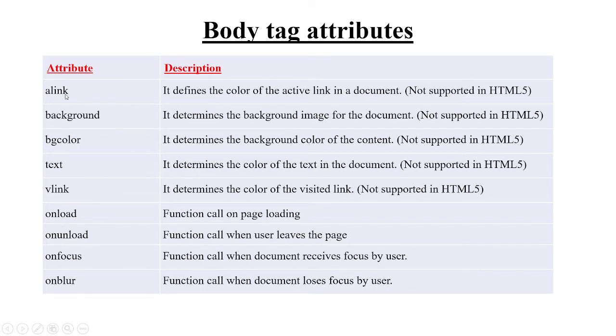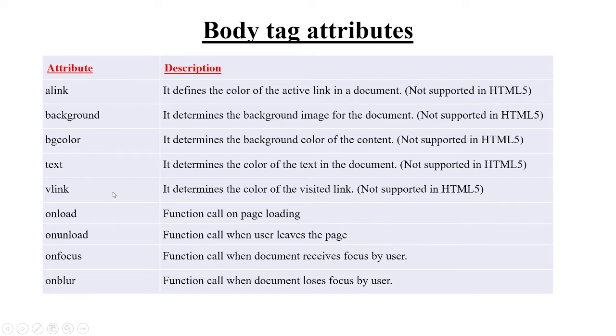So the A link attribute helps us define the color of the hyperlink which is in active state. And the V link attribute is also used, which determines the color of the visited link, an already visited link.